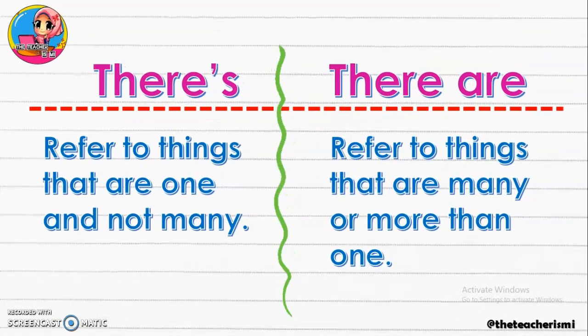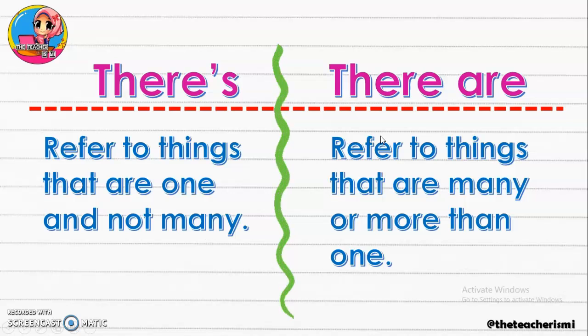So, what is there's and what is there are? Okay, apa tu there's, apa tu there are. Okay, we've learned this before at the school, face to face. So this is the continuation of that lesson. Okay, there's refer to things that are one and not many. There's ni merujuk kepada benda yang hanya ada satu dan tak banyak.